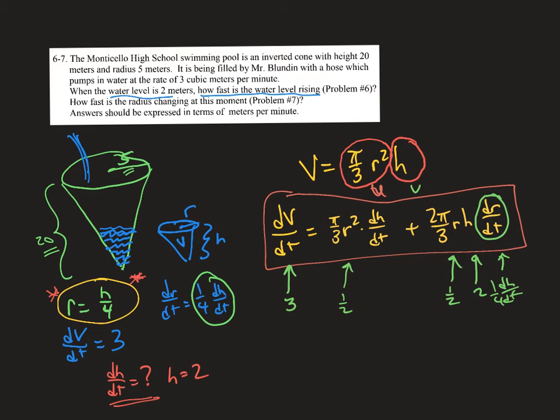So my new equation that I'm trying to solve is 3 equals pi over 3 times 1/4, because r squared would be 1/4, times dh/dt equals 2 pi over 3 times, not equals, come on, man.